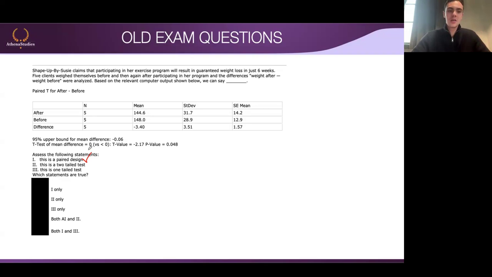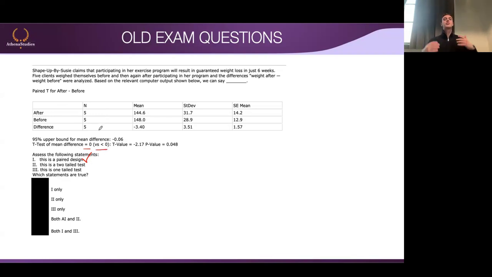Now what we want to check is, is it one-sided or two-sided? So that's the big question, what we're going to assess here. So t-test of mean difference equal to 0. I told you the null hypothesis will always be that the difference of the means is 0. And this time the alternative is that the difference of the means is lower than 0.